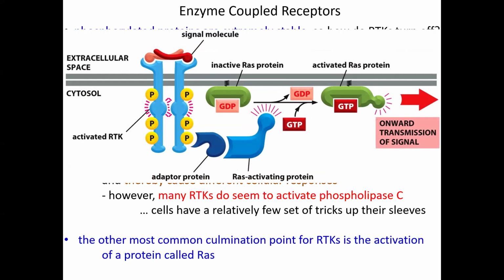And I want to be very, very clear here. I'm about to go into a lot of detail on RAS, and I'm really doing this for two reasons. One, as a case study for how involved these signal transduction pathways actually become.